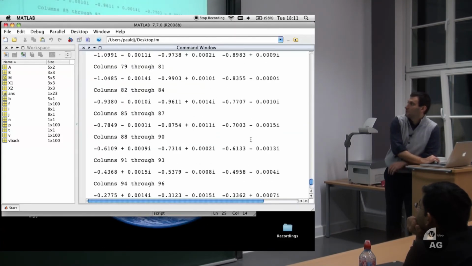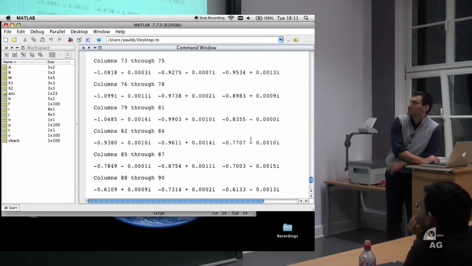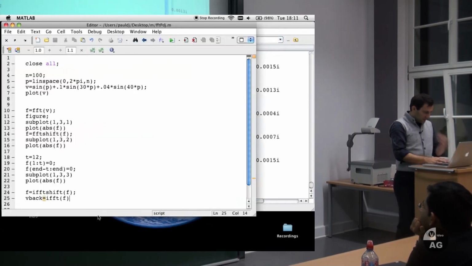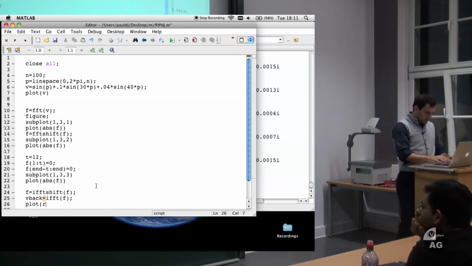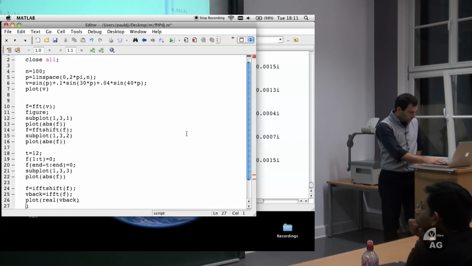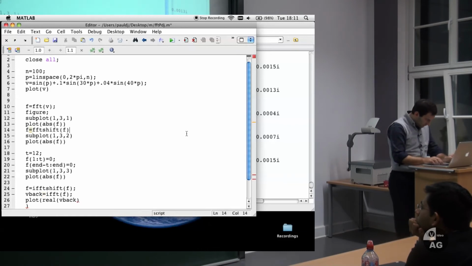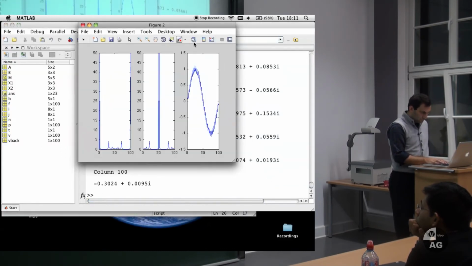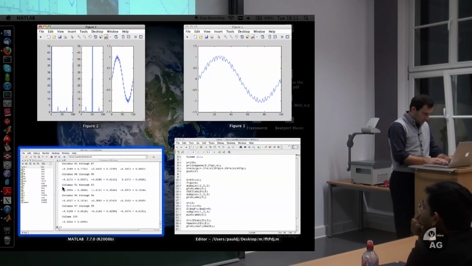Now we have complex numbers. So it's not going to be nice to treat them. So what I will do is plot just the real part of Vback. What's happening here? That's not what I wanted.